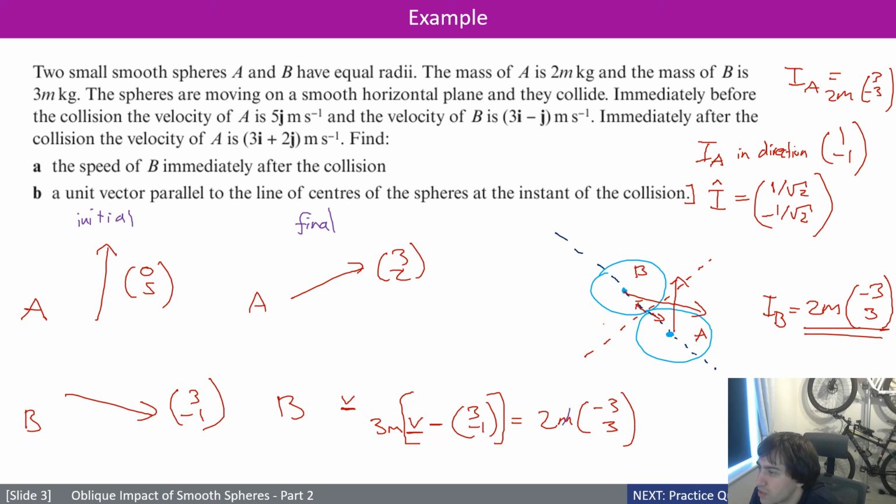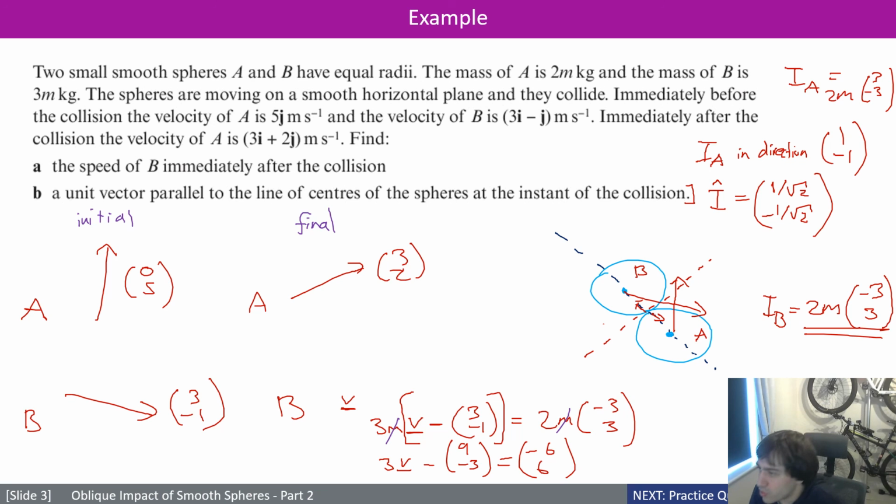The m's cancel. Let's multiply out. We get 3v, minus (9, -3), and that's equal to (-6, 6).